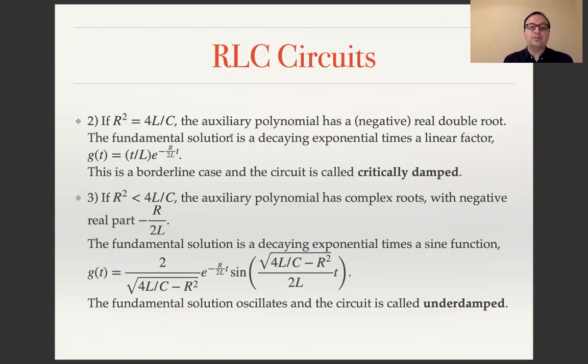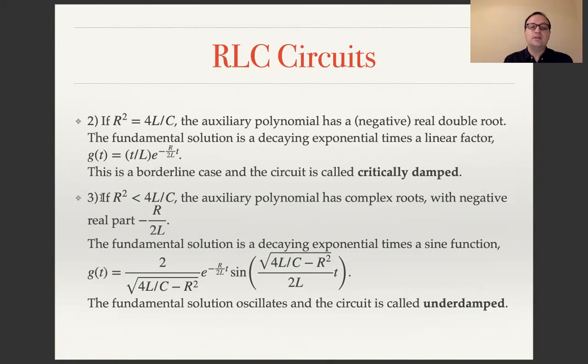Then the fundamental solution of the ordinary differential equation is a decaying exponential times a linear factor because of the double root. So it's t over L times e to the minus R over 2L times t. So I computed it. And this is a borderline case between the overdamped and underdamped cases. And in this case, the circuit is called critically damped.